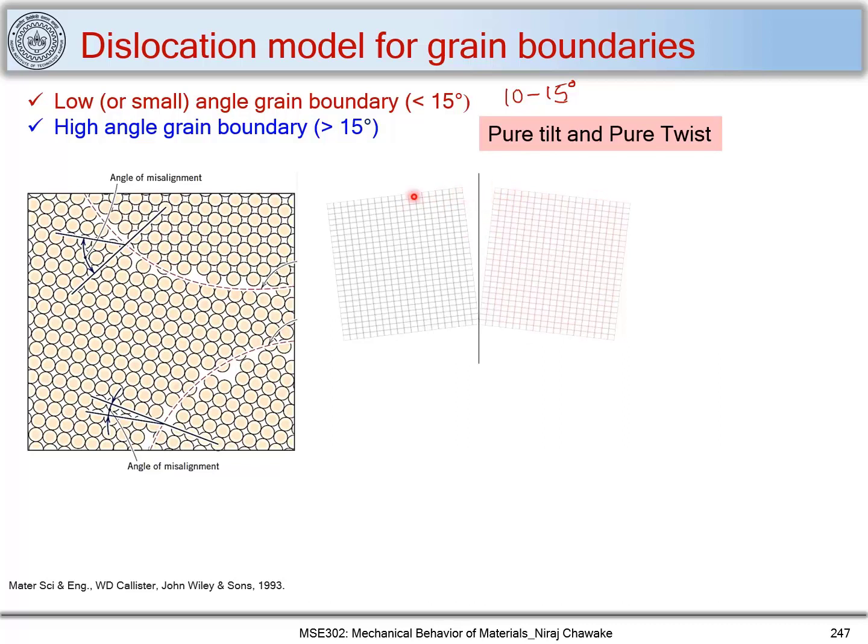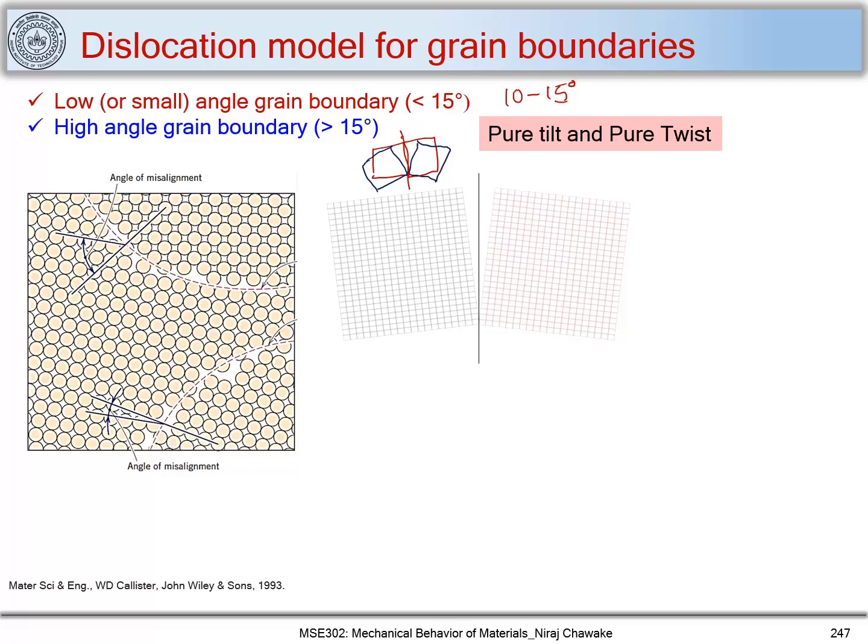When there is no alignment, they will be straight squares here, and now these are tilted. Let me draw it here. So initially, if there is no mismatch, they will be perfectly like this. Now when there is a tilt, I tilted this grain in this way and I tilted this grain in this way.